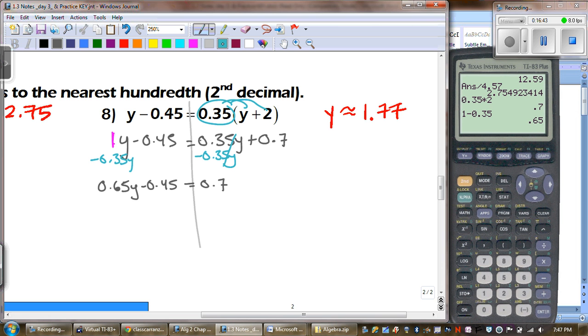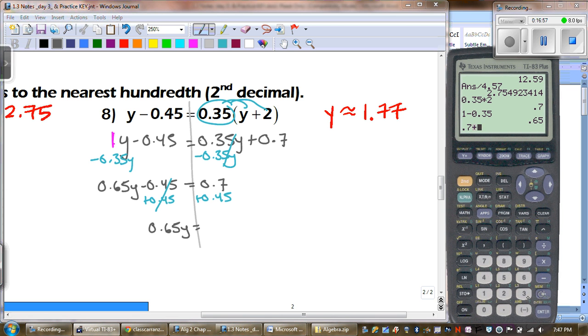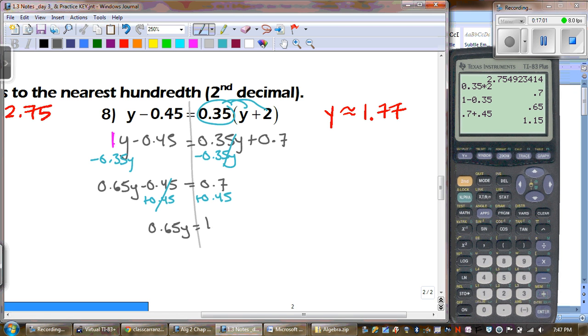Okay. And now we cancel subtraction with addition. Add that to both sides, and we get 0.65y equaling 0.7 plus 0.45, get 1.15. And then the last step is to divide by 0.65 to get the y all by itself.